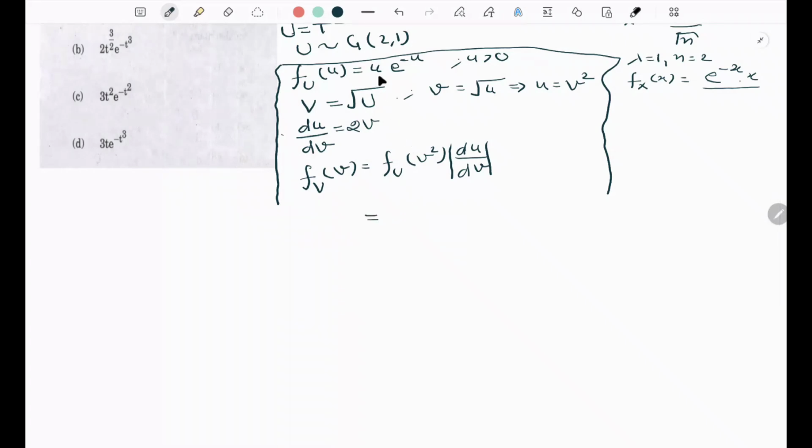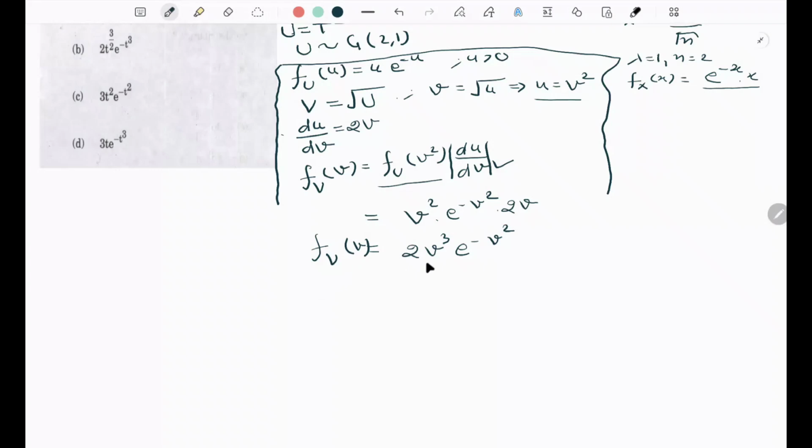So we get v² e^(-v²). Now we multiply with the absolute value of du/dv, that is 2v. So this will give us 2v³ e^(-v²). So this is the PDF of V.